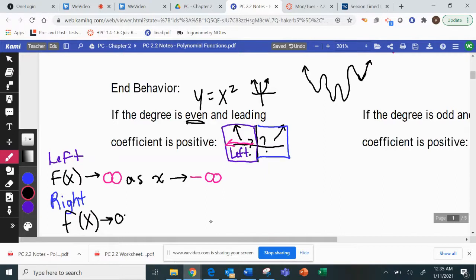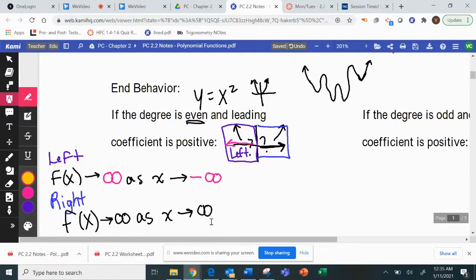So that's positive infinity, as your x is approaching, now the x's are going to the right, so that is positive infinity. So as x goes to negative infinity, as x goes to positive infinity, that remains the same for every single one of these. Left, then right, should be in that order, then the x's will remain the same the whole time.